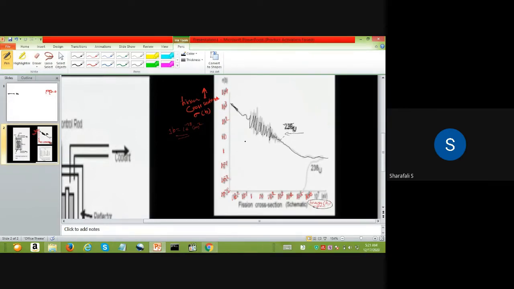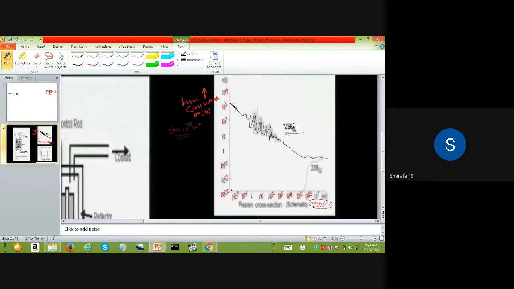So what is the conclusion? The conclusion is that when you increase the incoming neutron energy, your fission cross section is decreasing, which means the probability of the neutron being absorbed by the nucleus is reduced.